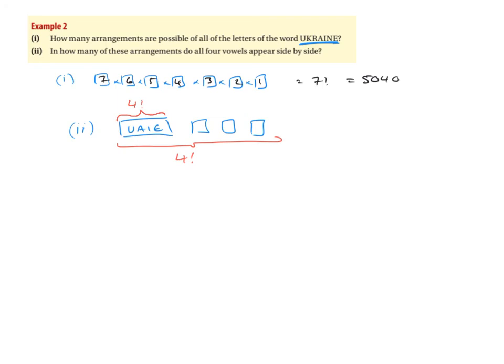So altogether we have 4 factorial times 4 factorial, and 4 factorial is 24. So 24 times 24, and that's equal to 576 different ways of arranging them with 4 vowels side by side. Hopefully this makes sense, and have a go at the exercise.